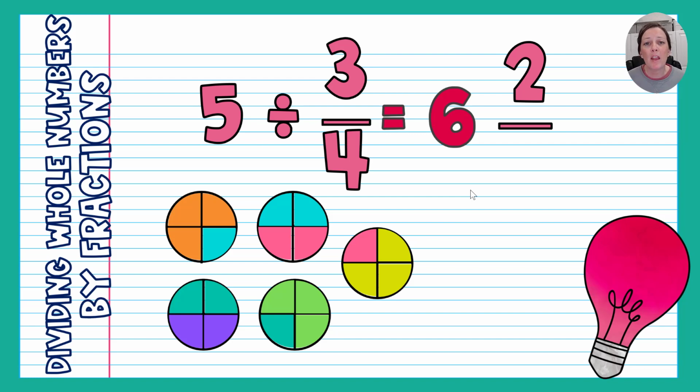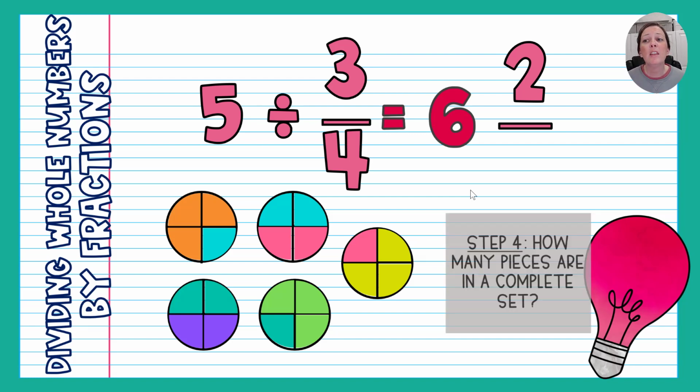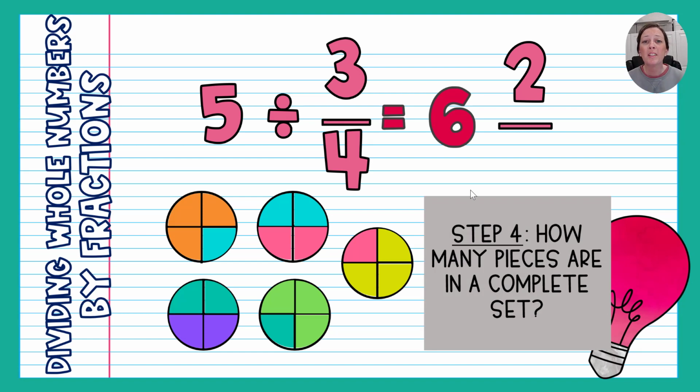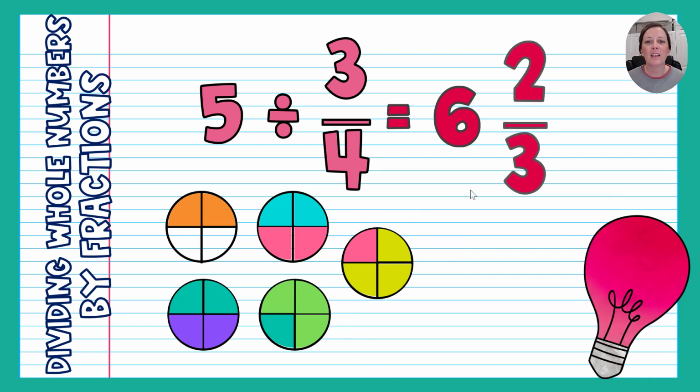Well, our denominator comes from the number of pieces that were in a full set, the number of pieces in a group that we were trying to make. And we were trying to make groups of 3. So essentially, the numerator in the problem becomes the denominator in the answer. So 5 divided by 3/4 is 6 and 2/3.